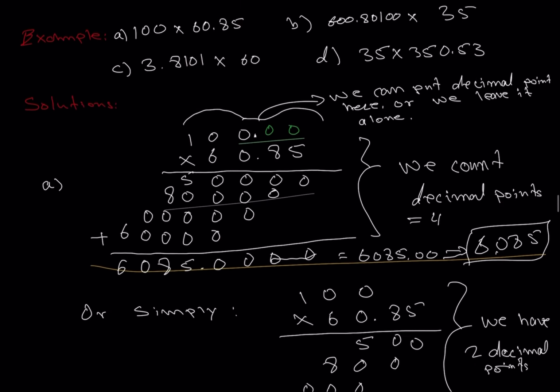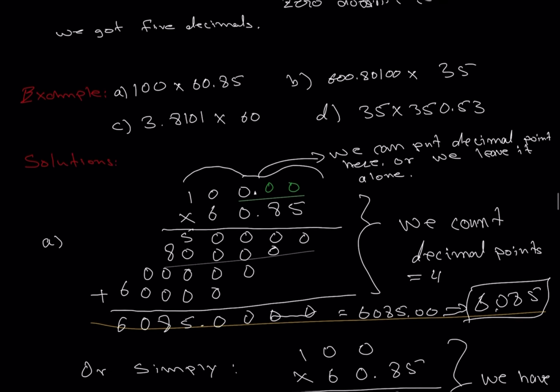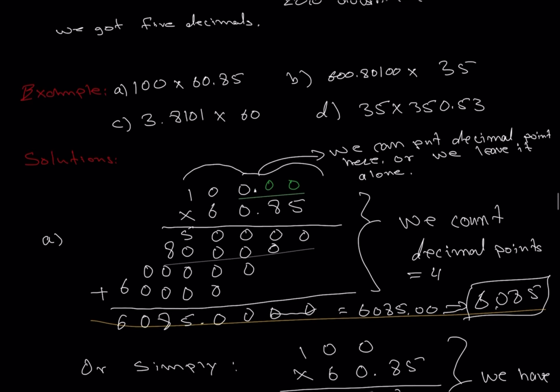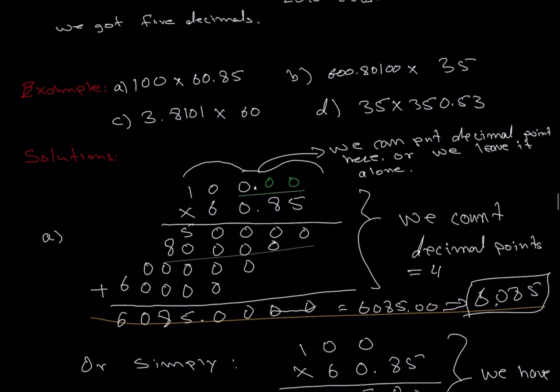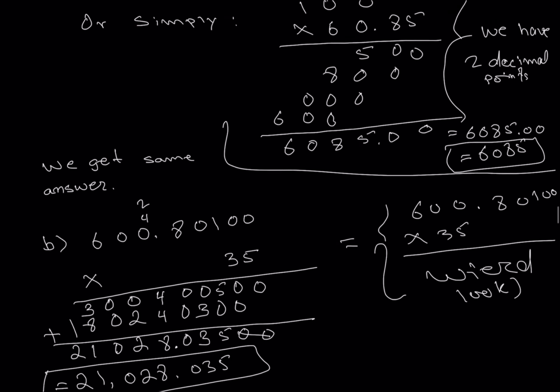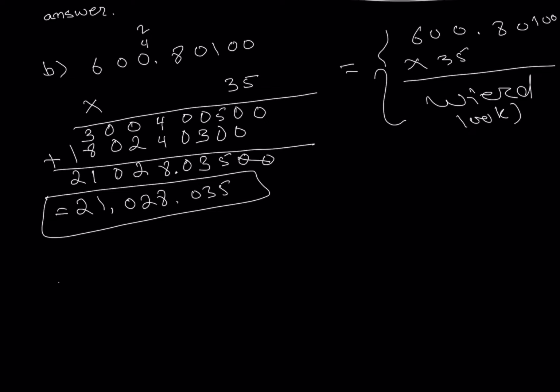Okay, now let's do the next number. I will do D, and you guys please solve number C. Let's do D right now. D is 35 by 350.53. C, you guys do it.